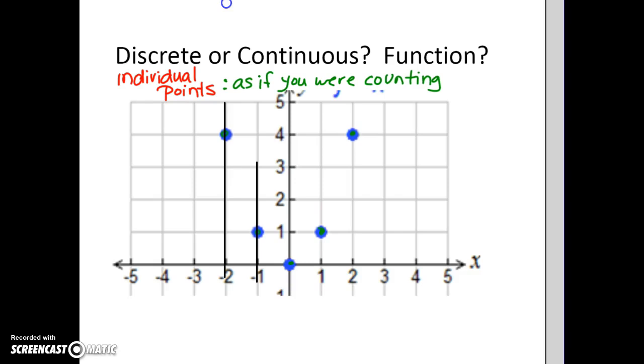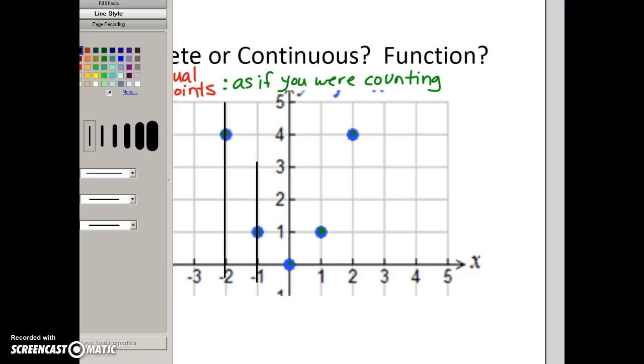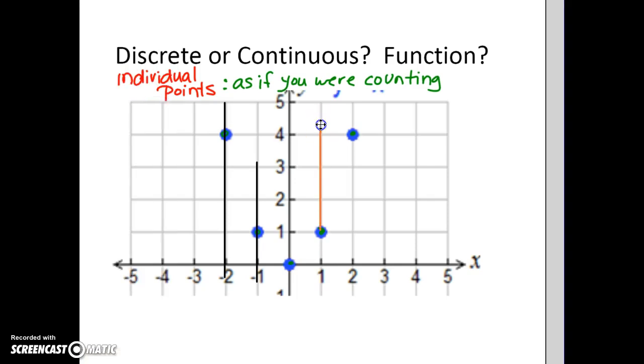Let's switch colors and try again. Okay, let's try this one. Again, no matter where I draw that vertical line, I'm only crossing one point on my graph. So yes, it is a function.